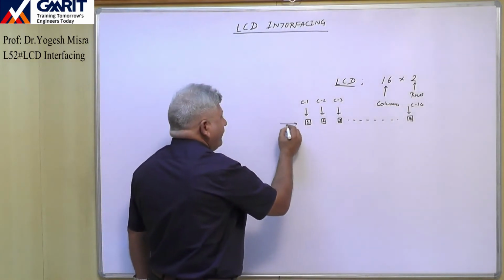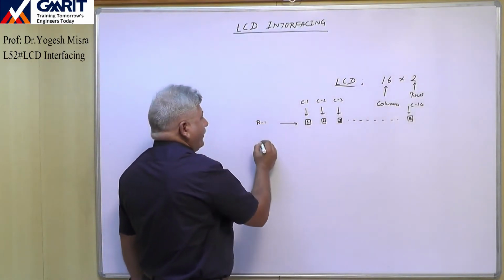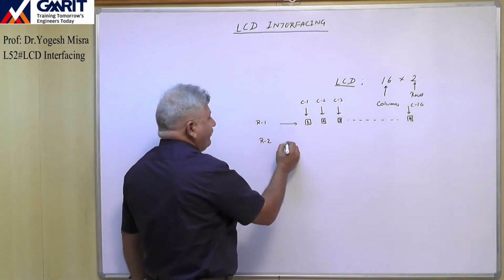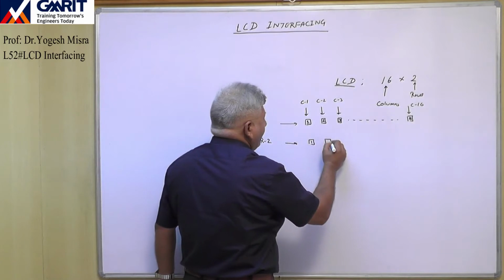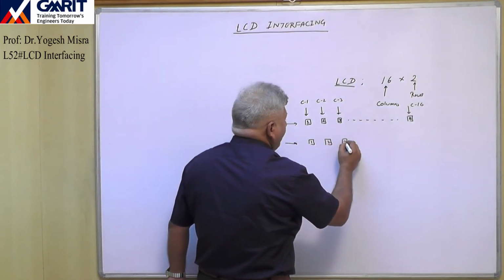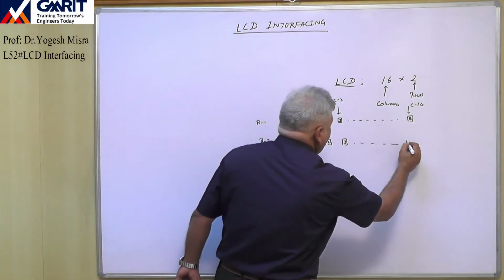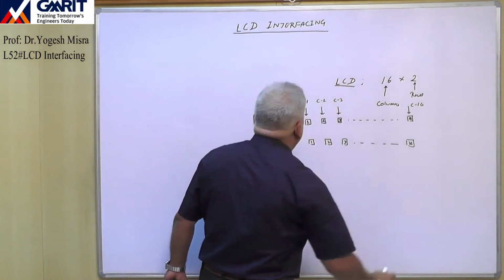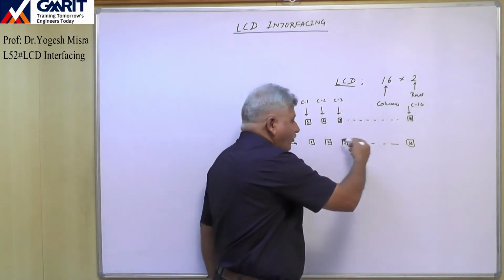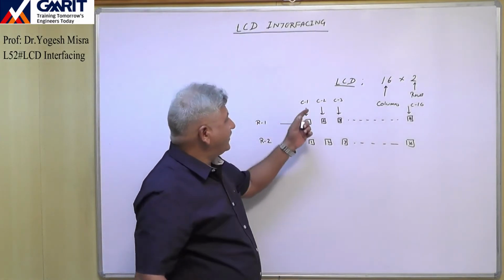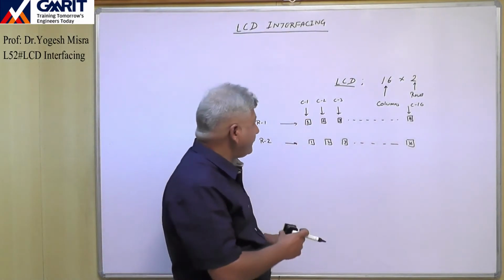And this is our row number 1. Like this there will be another row. So this LCD is having 2 rows and 16 columns.